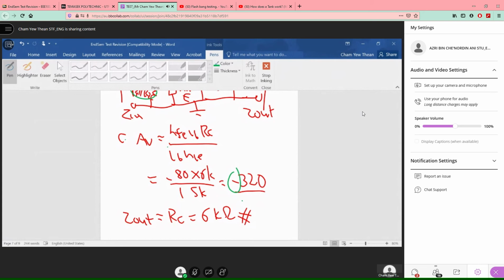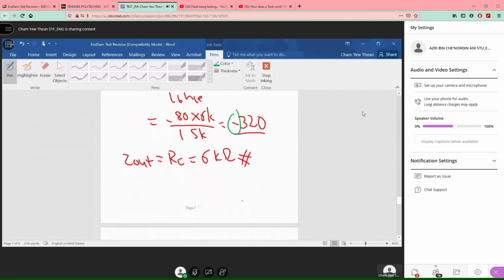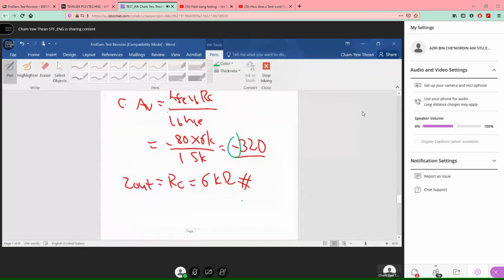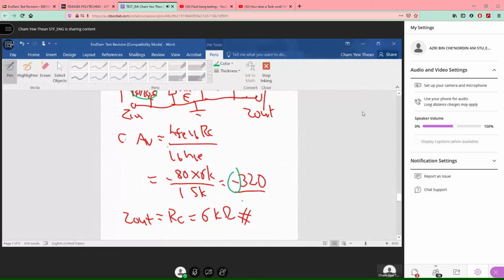Now, if I ask you to draw the input and output voltage waveforms, you should know how to draw.